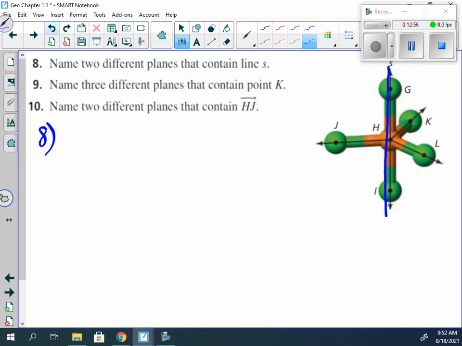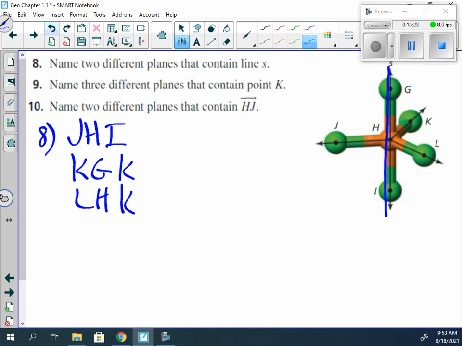Yeah, JHJ. Yeah, JHI would work. KGK, because essentially we're just rotating that plane around that axis point.